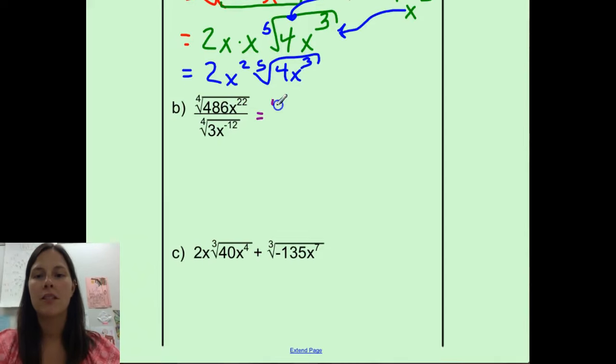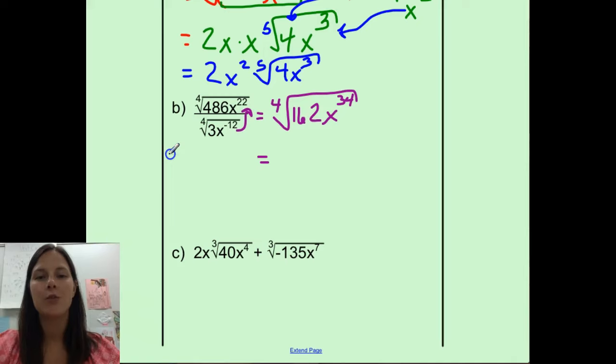Part B, I'm going to start by dividing just like I did with square roots. 486 divided by 3 is 162. Bringing that negative up to the numerator to make it positive, I will add my powers to get a total of 34.